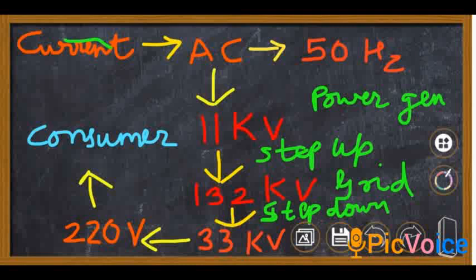And what does the substation do? The substation reduces it further, that is 220 volts, and then it is given to the consumer. Okay, so this is the complete cycle how the electricity is generated and it comes to you.